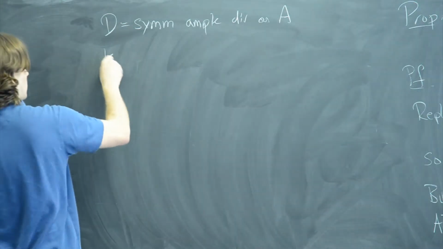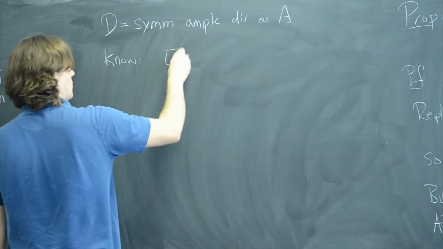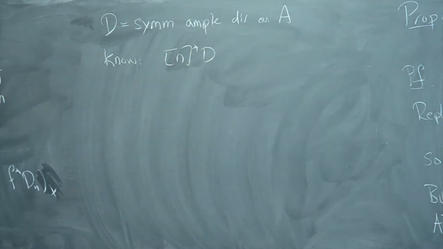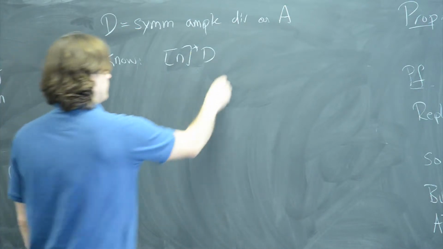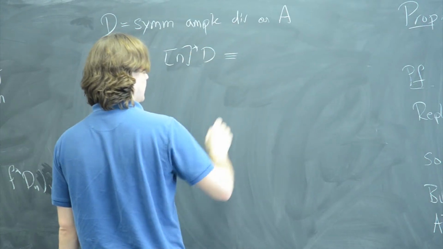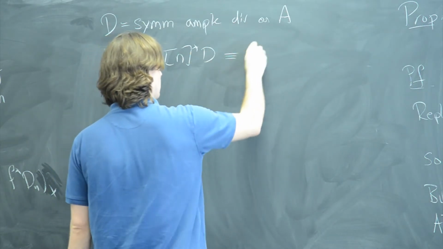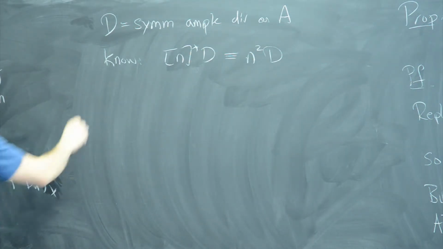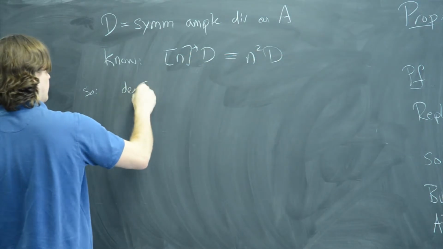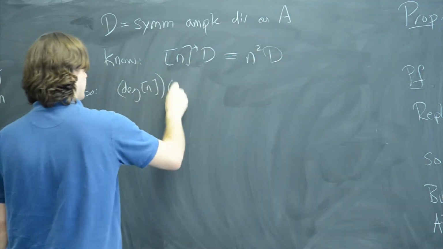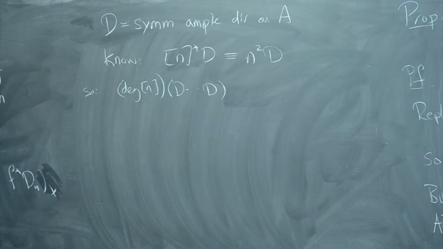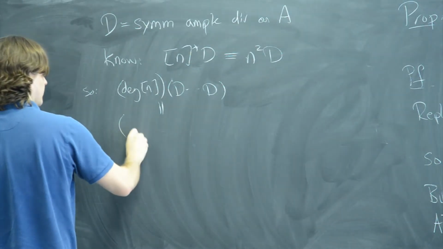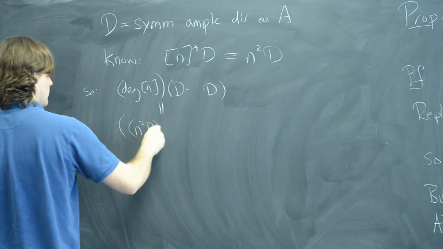So what we know is that when I pull back the divisor by n, that's equal to n squared D, or linearly equivalent to n squared D. We know that on line bundles. Maybe I'll write three equal signs. Three lines are linearly equivalent. And so if I put that in here, you get the degree of n times the self-intersection of D with itself n times is equal to the self-intersection of n squared D with itself.